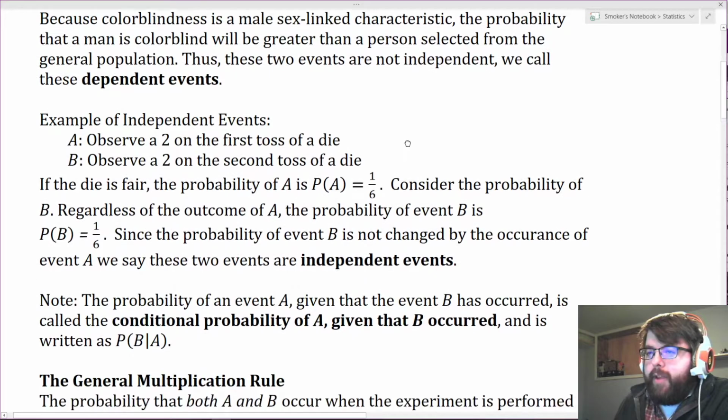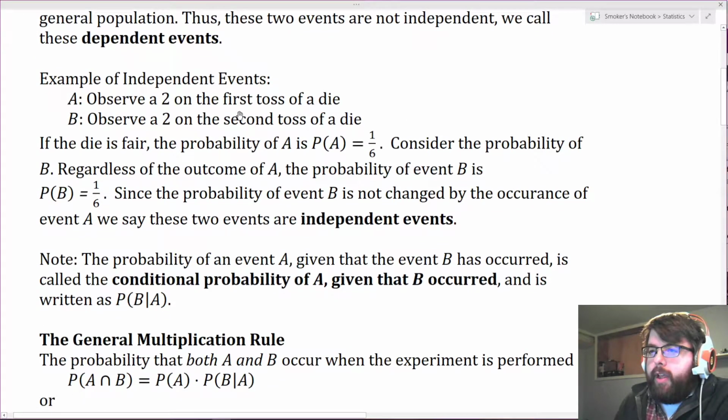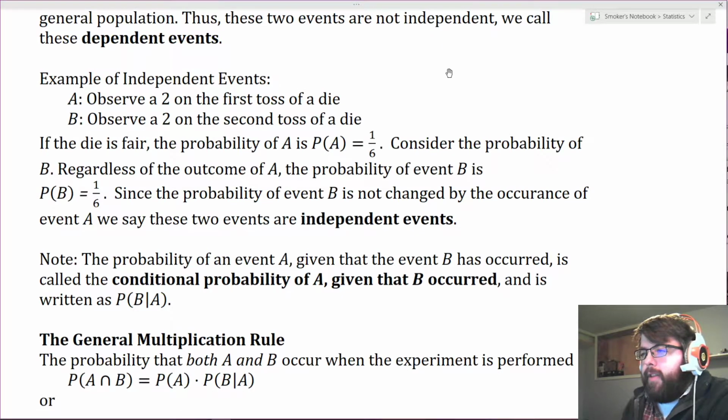An example of independent events would be rolling two dice. The outcome on one die does not affect what the other die will have.